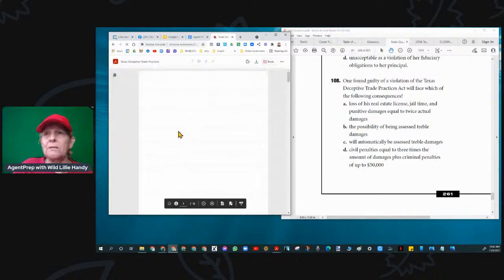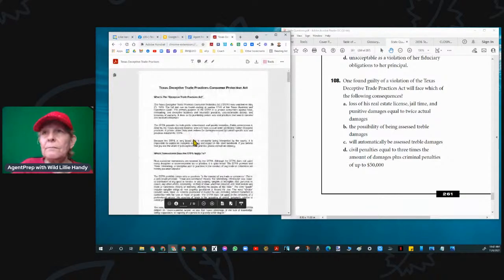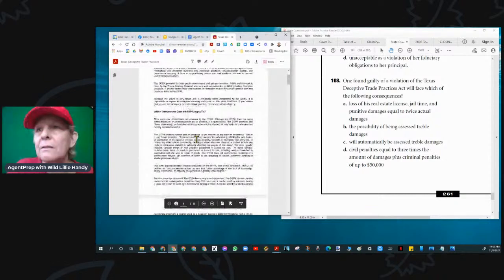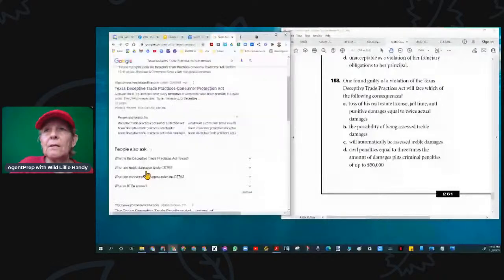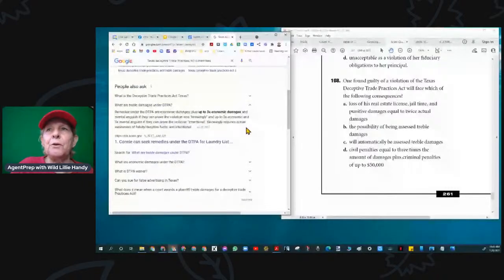Let's see, Deborah says D. I'm trying to see real quickly what the current, so treble damages is what? 3 times economic damages and mental anguish if you can prove that violation.